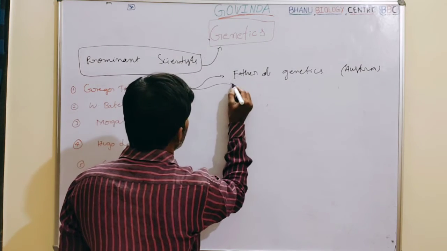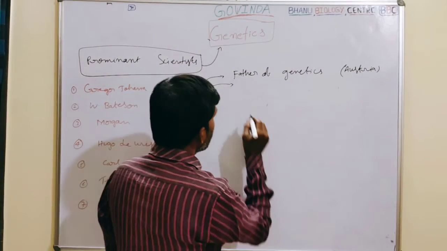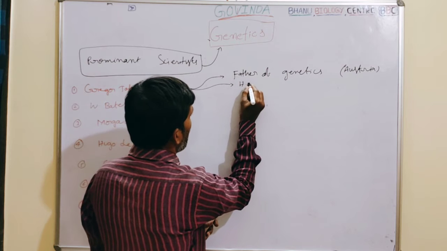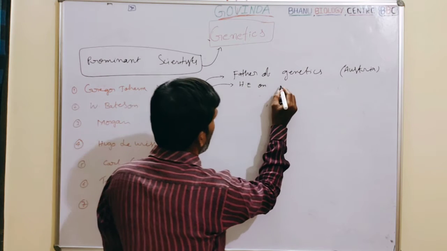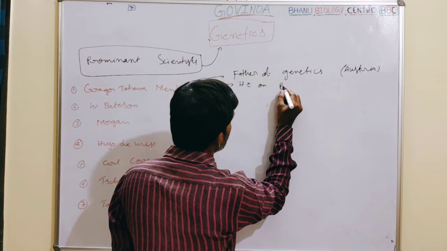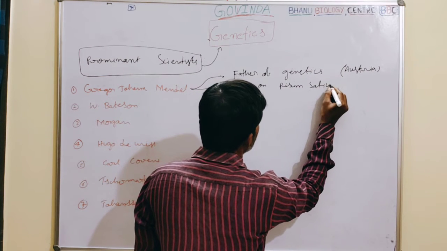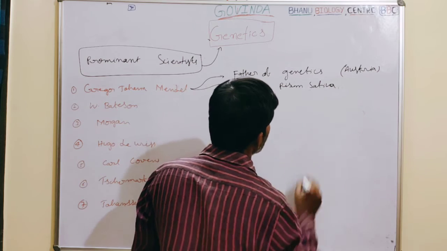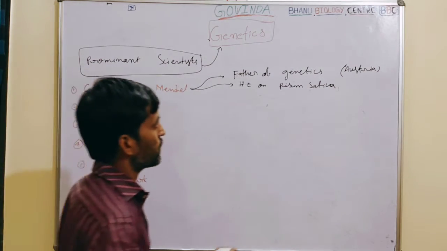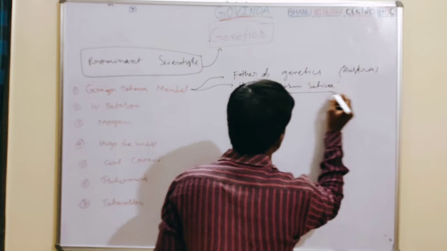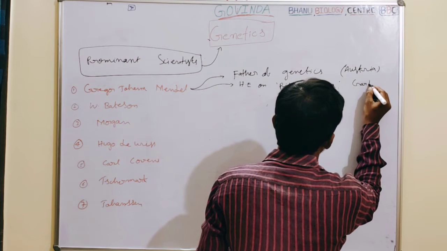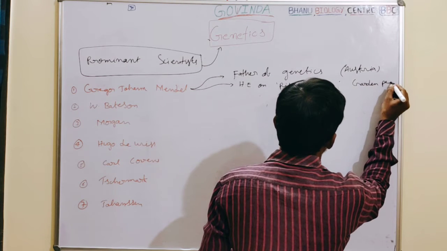He did hybridization experiments on Pisum sativum, which is a garden pea plant.